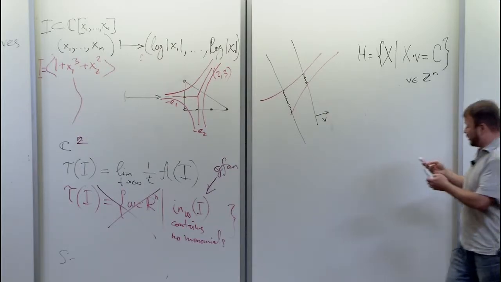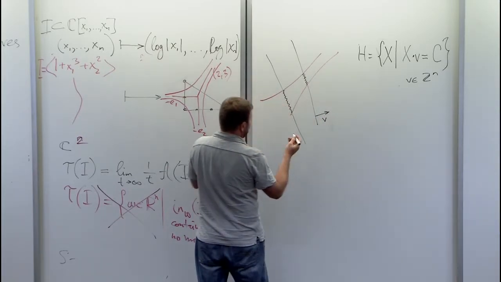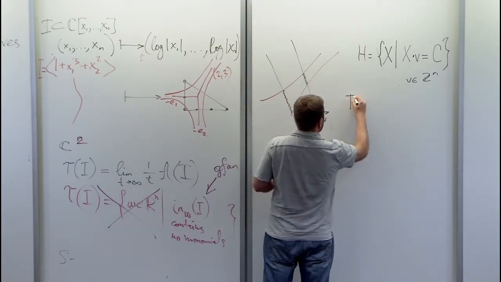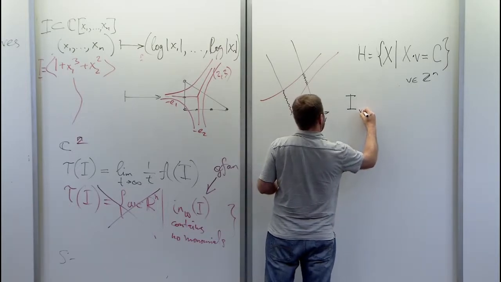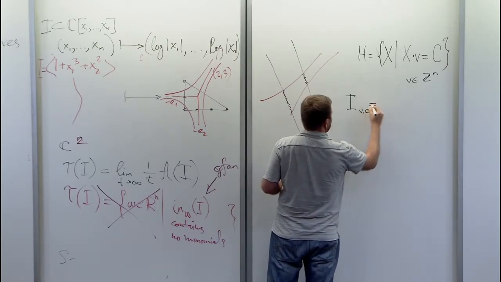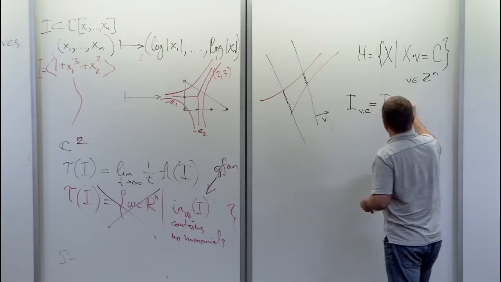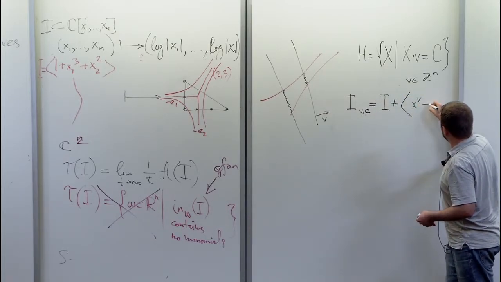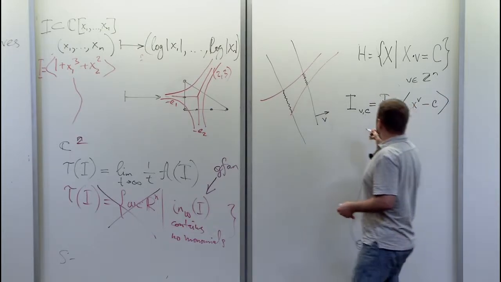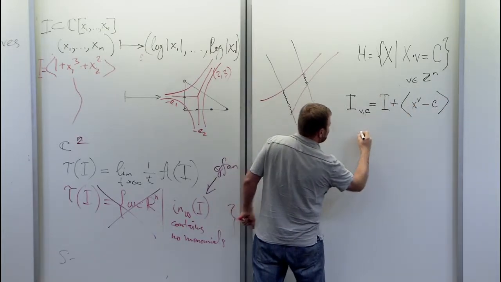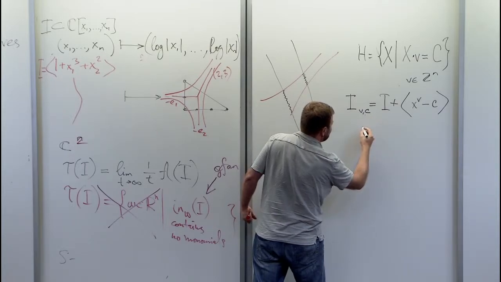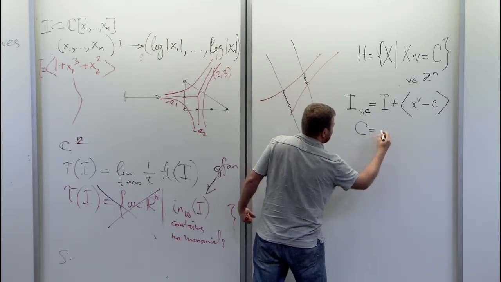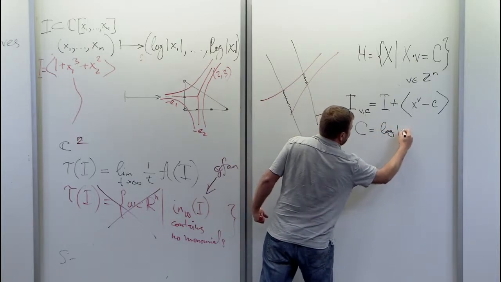So to that end, I would introduce the ideal I_c, small c, which is going to be I plus the ideal defined by x to the power of v minus c, where I make sure that the small c is in relationship with the big C, which is the most natural one. C, capital C, is going to be log of the absolute values.